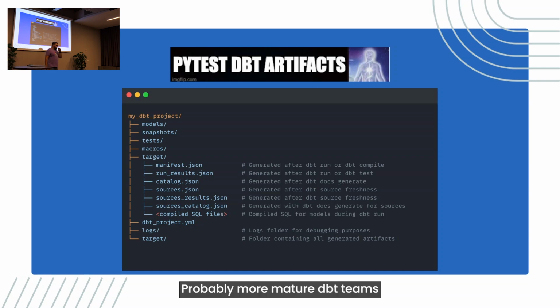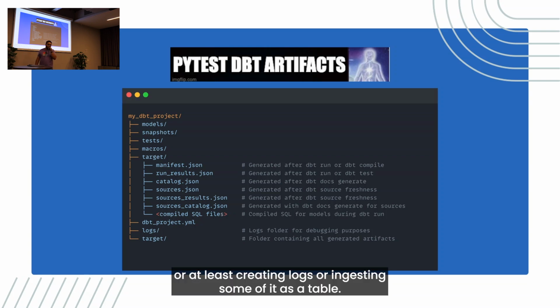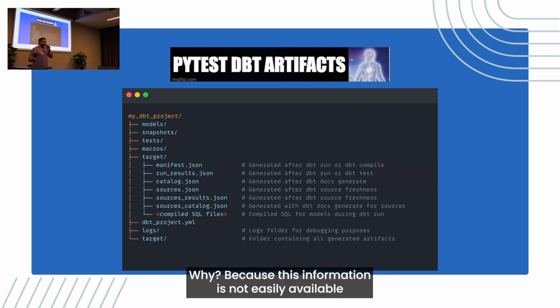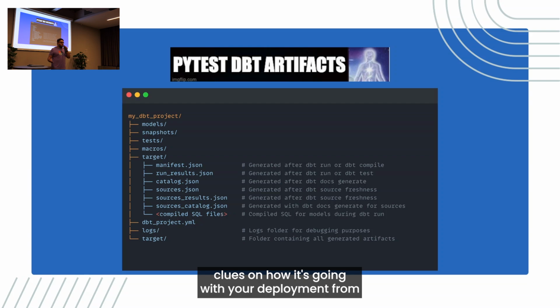Probably more mature DBT teams are either saving these files every time there is a run somewhere in a storage bucket, or at least creating logs or ingesting some of it as a table. Why? Because this information is not easily available or not fully available from DBT Cloud, but it gives you a lot of clues on how it's going with your deployment.